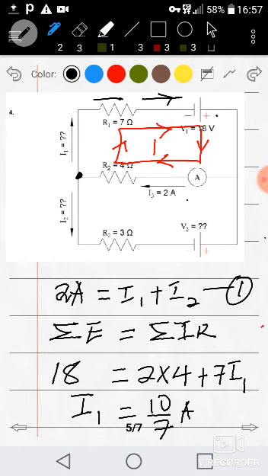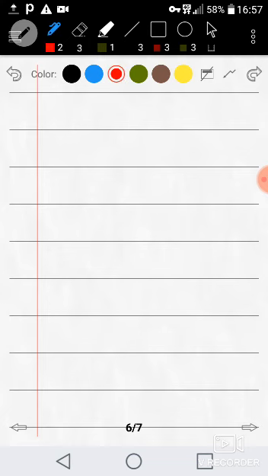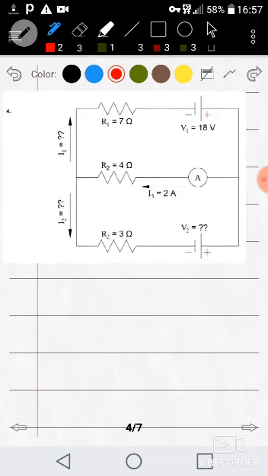That is I1. What is I2? So when we go for I2, we are going to also draw a loop here. So this is our loop. We should give it direction. You give the directions the way you want, but they should be continuous. So this is our loop 2.